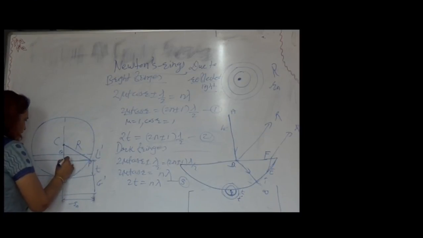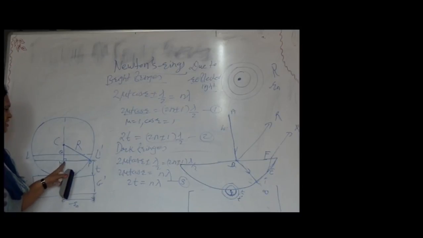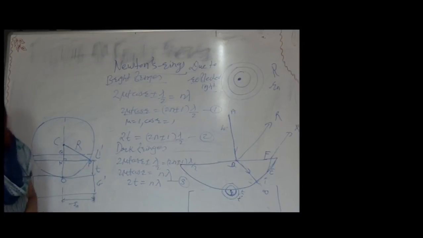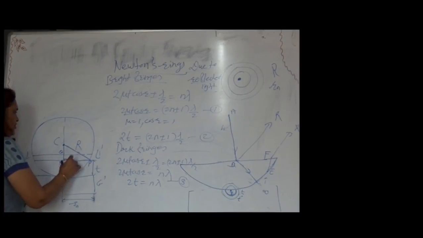Now we will consider one of the right angle triangles that can be formed, CNP. At N there is a right angle. According to the law of Pythagoras, we know that hypotenuse square is equal to height square plus base square.